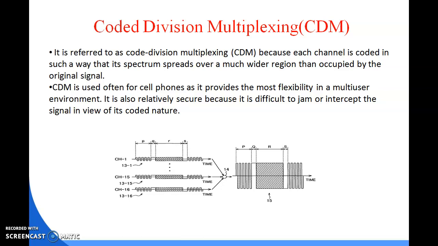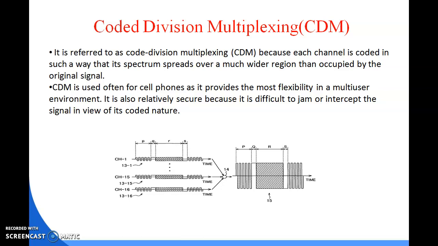Next, CDM is used often for cell phones as it provides the most flexibility in a multi-user environment. It is also relatively secure because it is difficult to jam or intercept the signal in view of its coded nature.